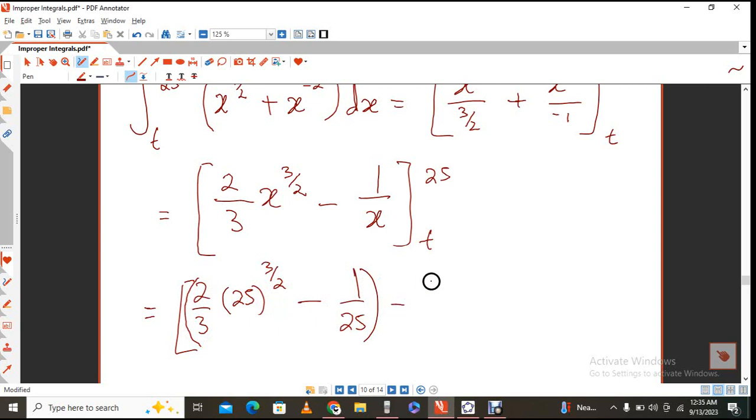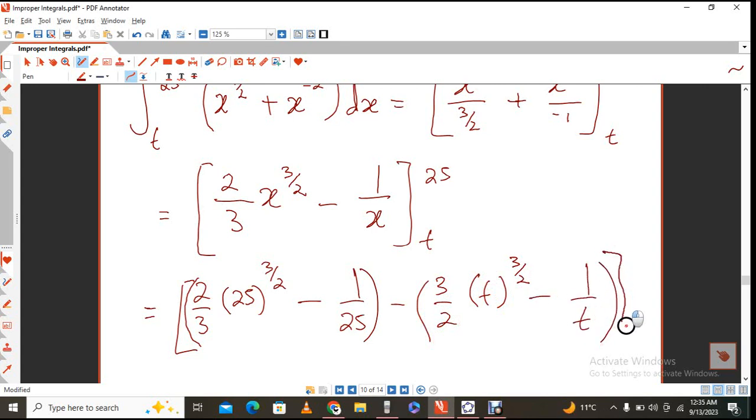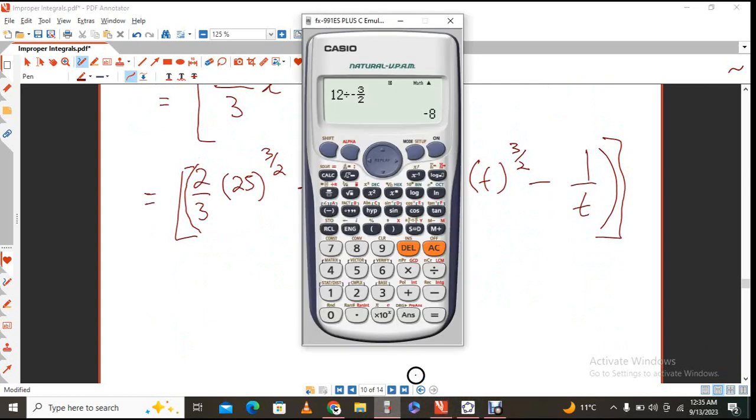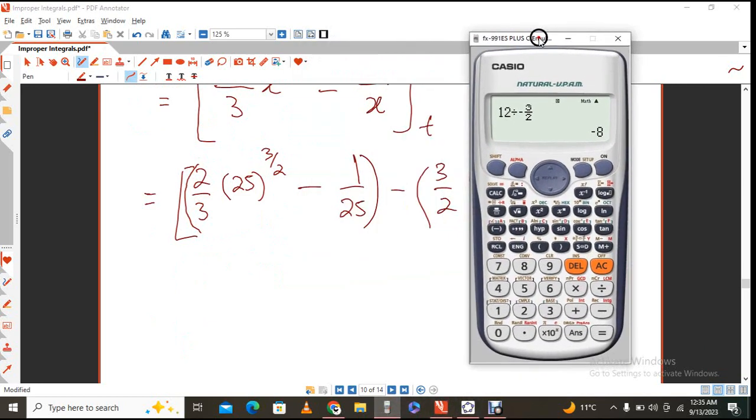Minus, so I'm going to have 3 over 2 times t raised to the power of 3 over 2, and minus 1 over t. If I was to continue, I can leave it there, but maybe for the first part we just clean it up with the calculator, and you can do that if you want to.